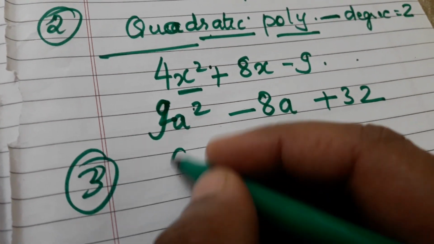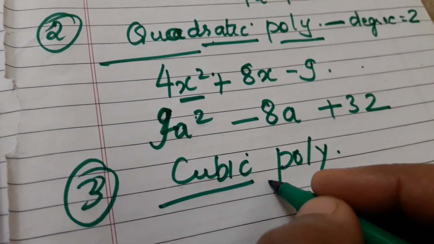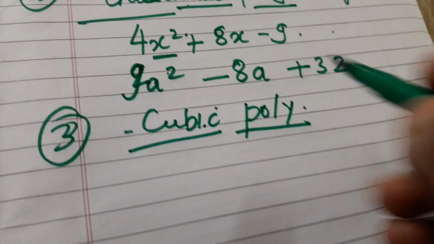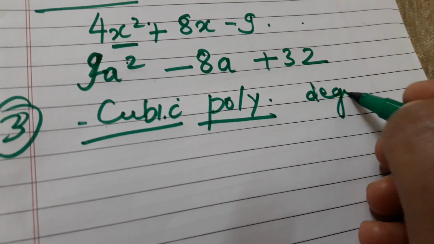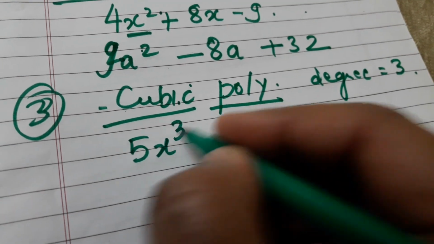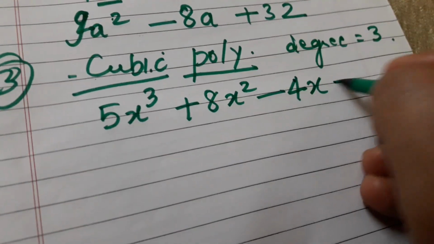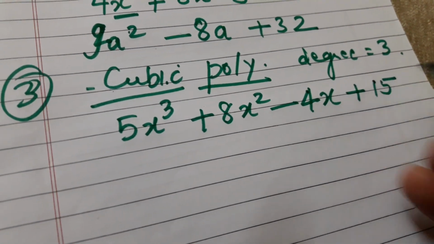Number 3, cubic polynomial. As the name suggests, cubic will refer to 3. Therefore, the degree of this polynomial will be 3. We can write it as 5x cube plus 8x square minus 4x plus 15.